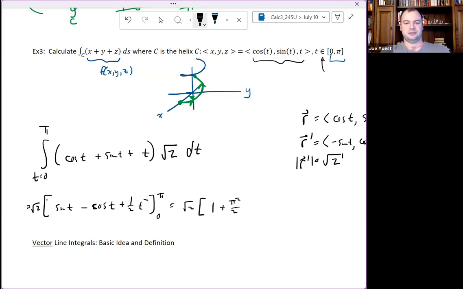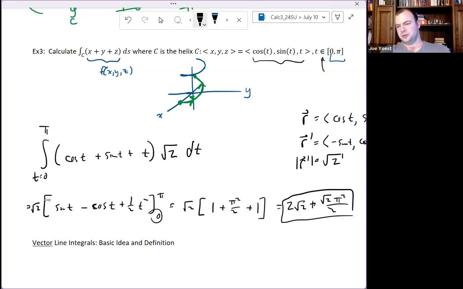Then subtracting off: sine of 0 is 0, and cos of 0 is 1, so subtracting off a minus cos of 0 is minus a minus, which is a plus. Cos of 0 is another +1. And the 1/2 t squared at 0 gives me 0. So it gives me, I think, 2 root 2 plus root 2 pi squared over 2. Or we can make that pi squared over root 2 if we wanted to.